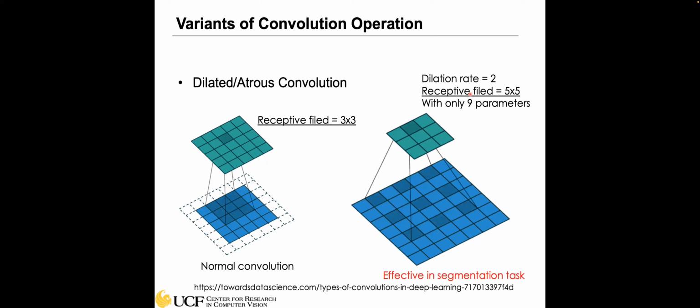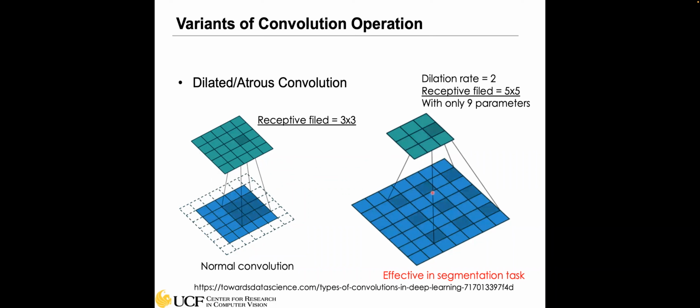It's just that the dilation rate is different. For the normal convolution, the dilation rate equals 1. Here it is 2. As you can see, the actual region you are covering is 5 by 5. Although there are some pixels in between we didn't select, in this region we are able to at least sample some pixels from this larger 5 by 5 region, okay?